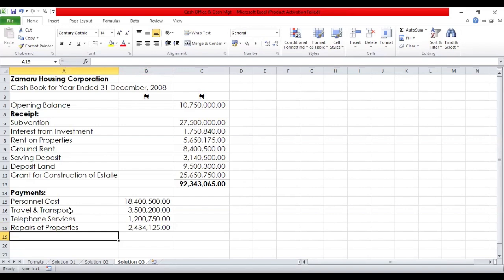The next one. Stationery. How much is that? 450,930.